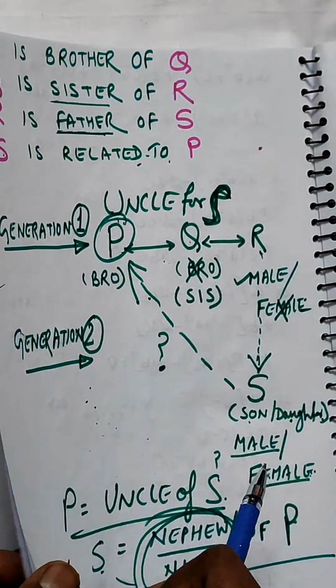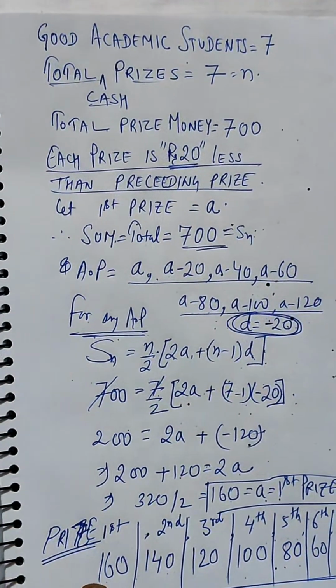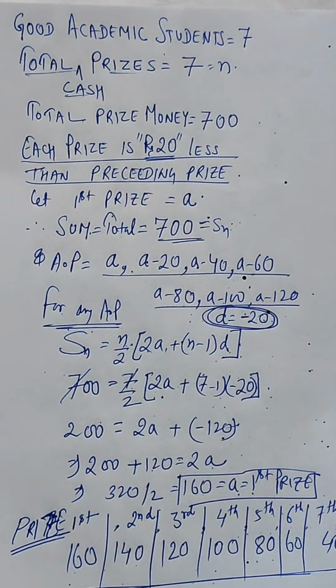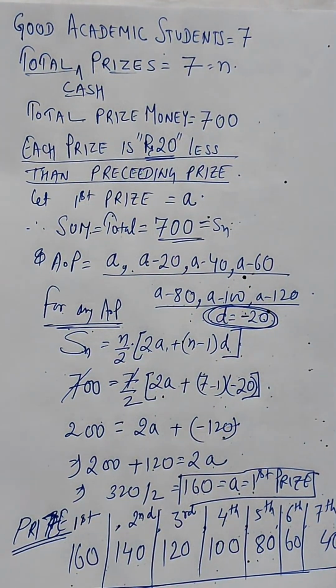So what is the sum which is divided between those students? Okay, so let me do one thing. I can show you where I have put these shorts. Okay, so this was the question which I am going to explain to you now. In this question what's mentioned: a sum of rupees 700 is to be used to give 7 cash prizes to students of a school.